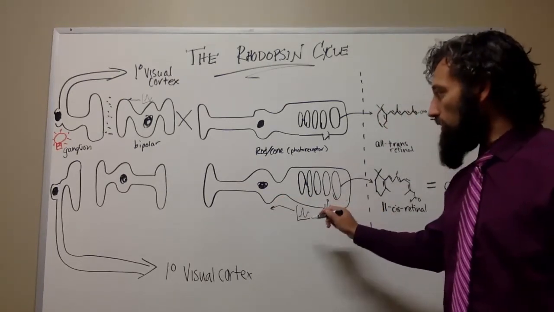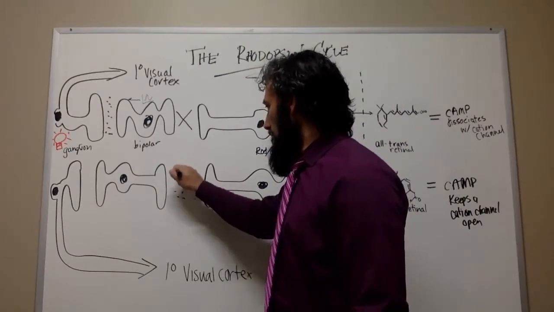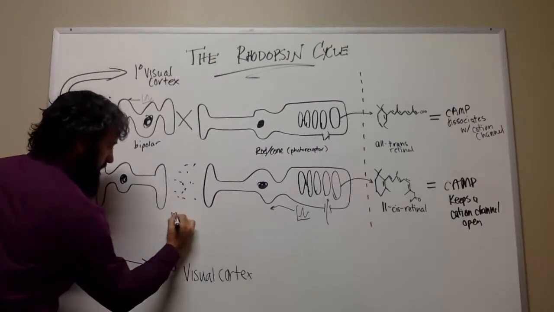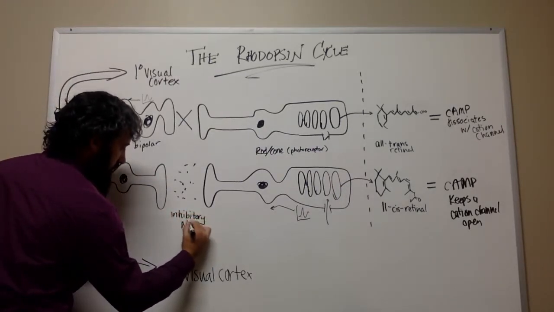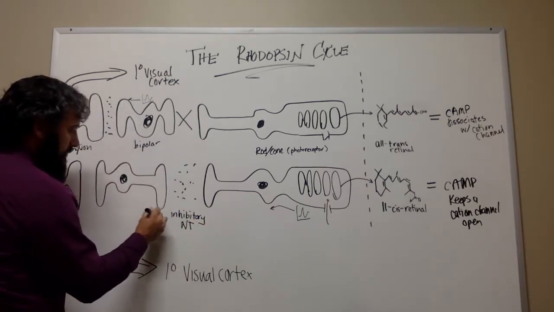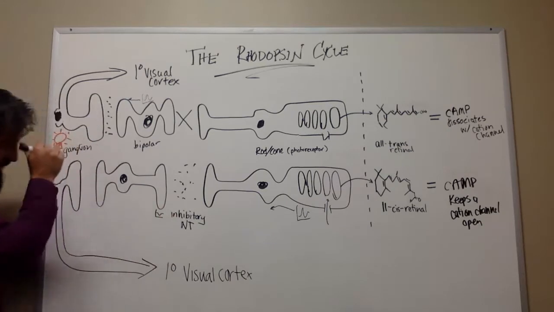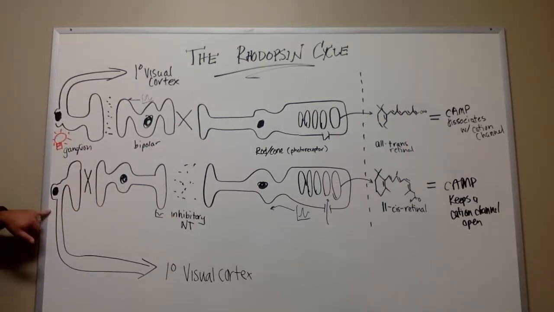Since we have a depolarization in the photoreceptor, there's a release of inhibitory neurotransmitter, which is going to make an IPSP in the bipolar cell, and nothing is released to the ganglion cell.